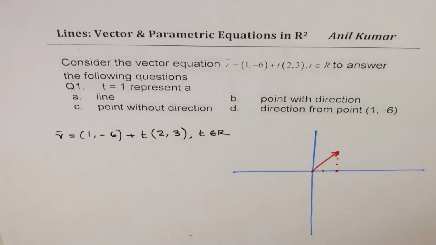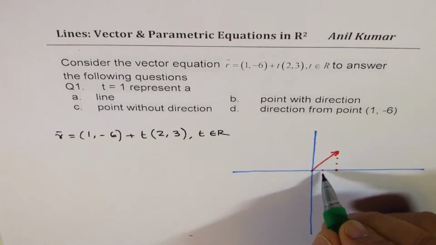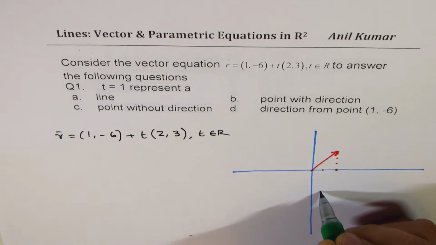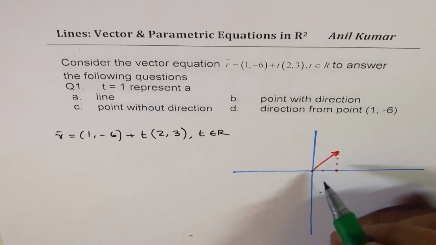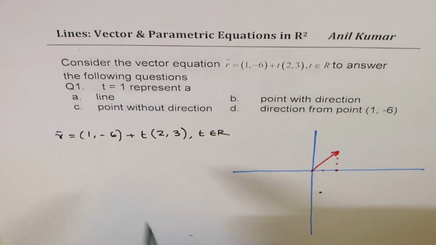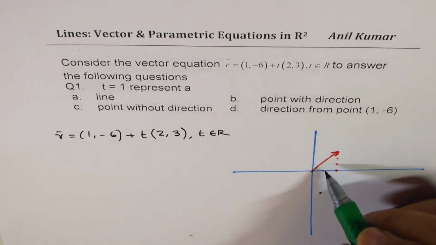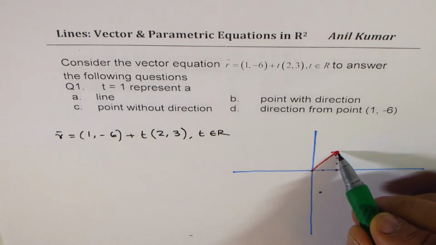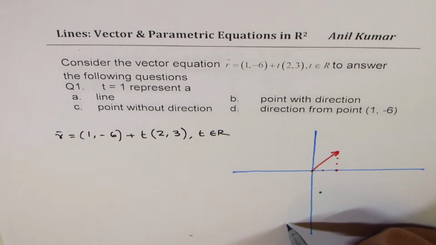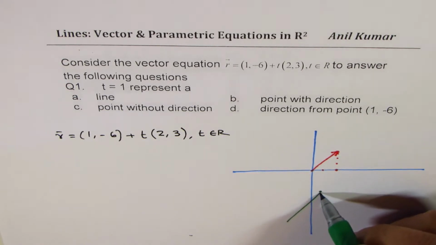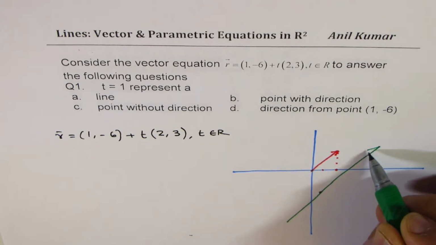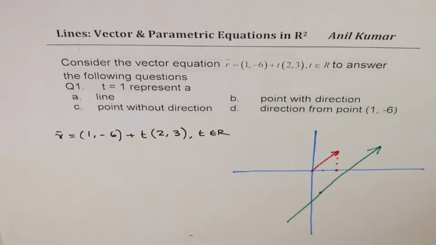The point is (1, -6), let us say somewhere here. So we have to draw a line which goes through this point (1, -6) and is parallel to the direction vector. So something like this. So let's just sketch one. That is the line which we will be talking about during our discussion.